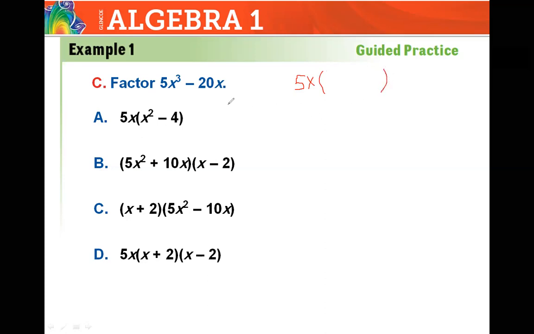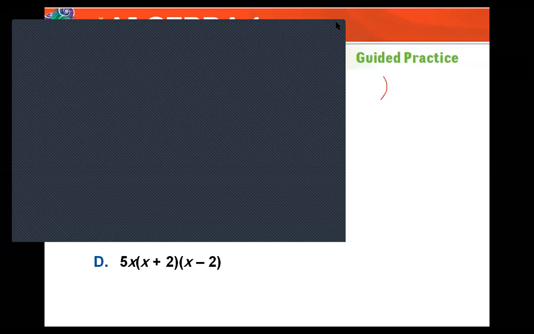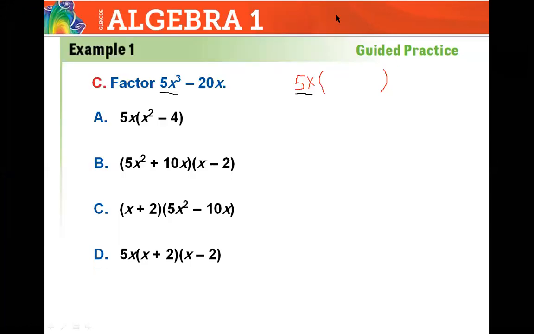Inside this bracket, I get two terms by dividing 5x power 3 by 5x. 5 divided by 5 equals 1, and x power 3 divided by x is x power 2. So I just write x power 2 directly because the coefficient is 1.